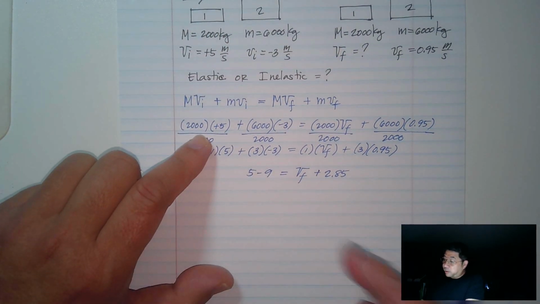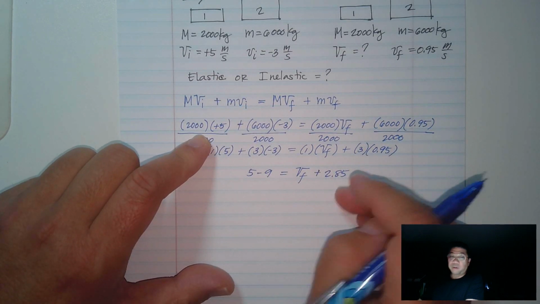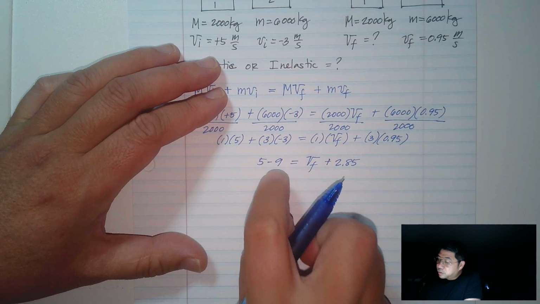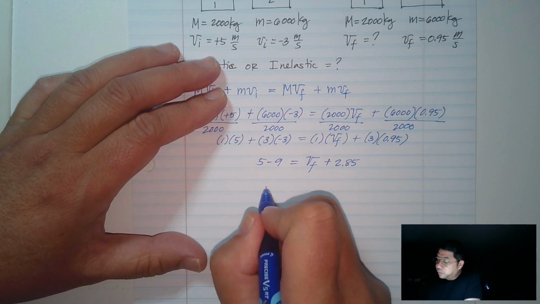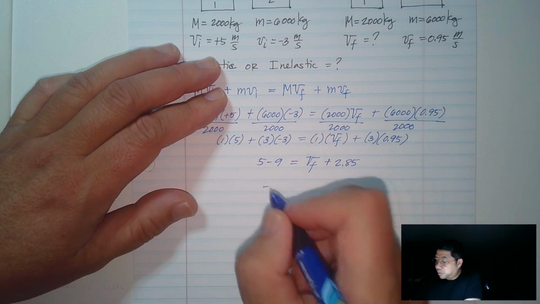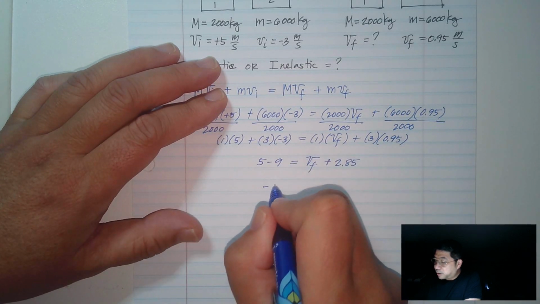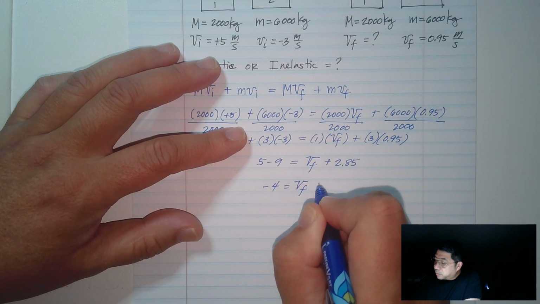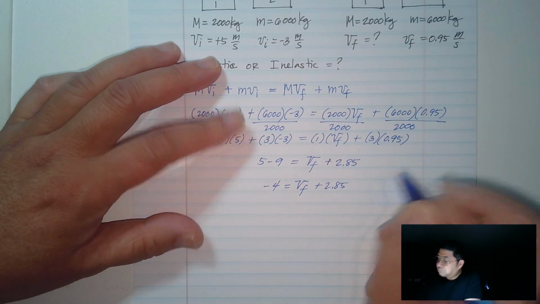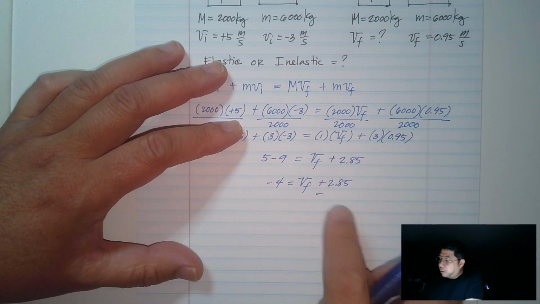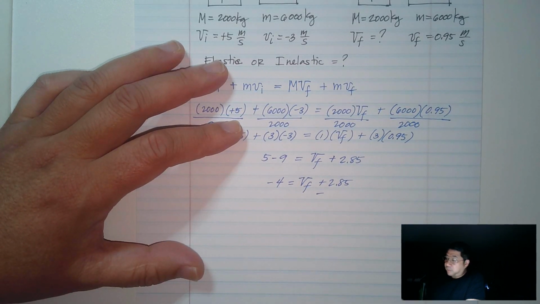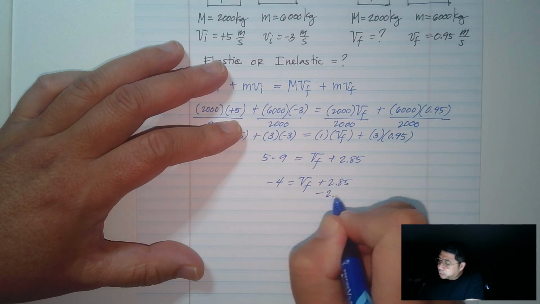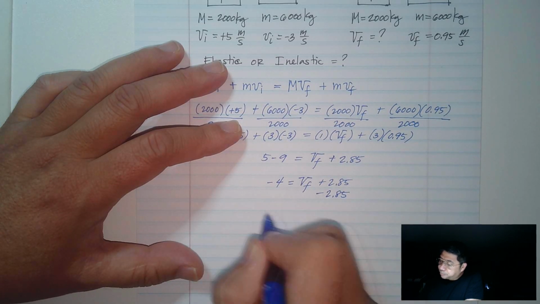So let's simplify the left side and then move 2.85 to the other side of the equation. Since negative is greater than positive, this will be negative: 5 minus 9, so that is negative 4, is equivalent to Vf plus 2.85. I want to get rid of the 2.85 on the right side, so all I have to do is subtract 2.85 from both sides of the equation.